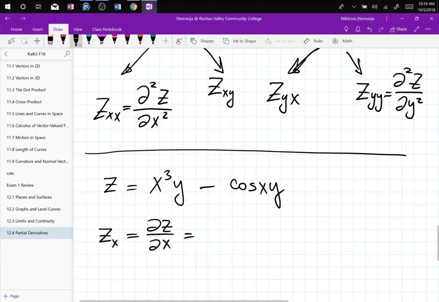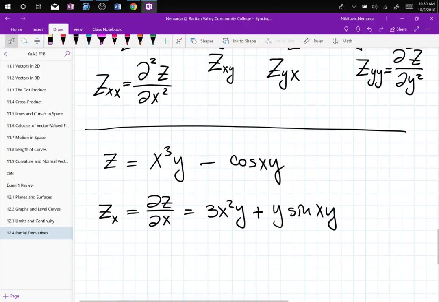If I have this, it's 3x squared y plus y sine xy, because the derivative of cosine is negative sine. So if x is a variable, y is a constant and jumps in front using the Calculus 1 chain rule. Are we all green on that? Cool. So this y jumps out because of the chain rule. Derivative of cosine is negative sine, negative, negative is positive, so that's all cool.